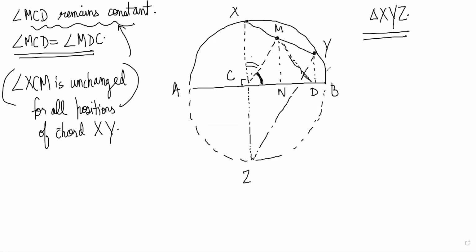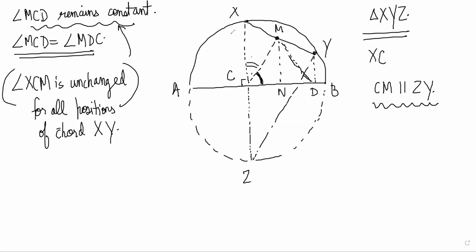Now notice one thing in the triangle XYZ. What we know here is that the line CM is parallel to ZY. Why do we know that? CM is parallel to ZY because we are applying the midpoint theorem.